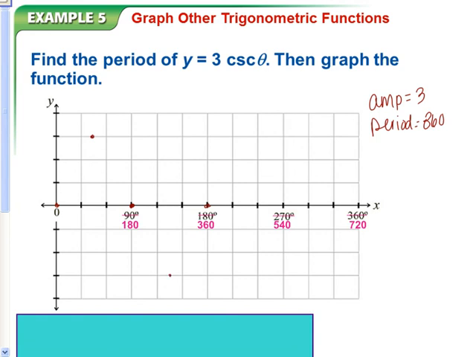Okay, and let's do that again over here. Okay, so we're just going to lightly draw in a dotted line sine graph, because this is just our guide. Now, everywhere that it touched the x-axis, we draw in an asymptote.